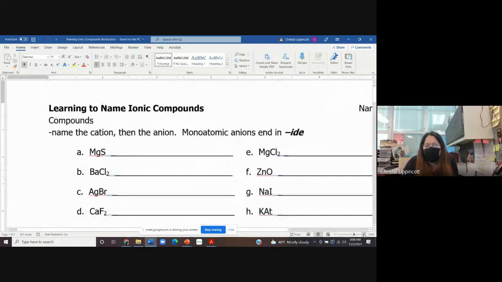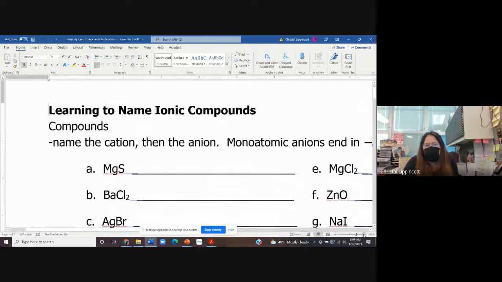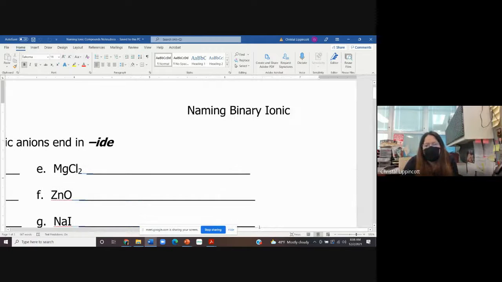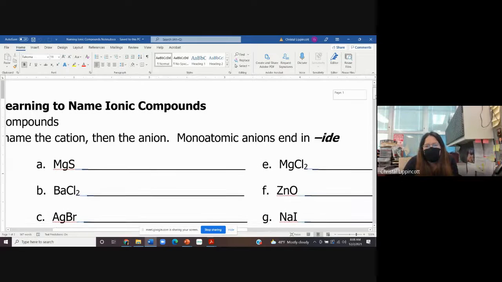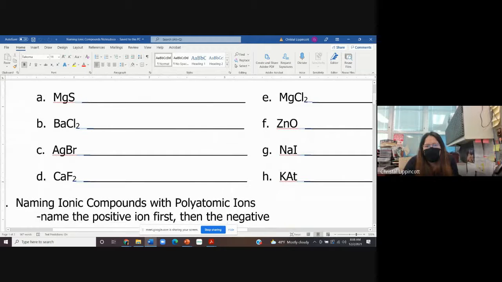Okay. I'm going to enlarge this so that it's easier for you to see what I'm doing. All right. So the first ones that we're going to start with are naming these with just single elements, okay? So first of all, you're always going to write the cation out, the name of that.